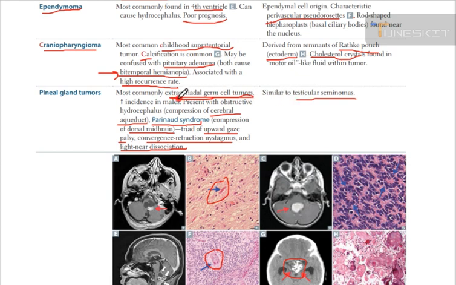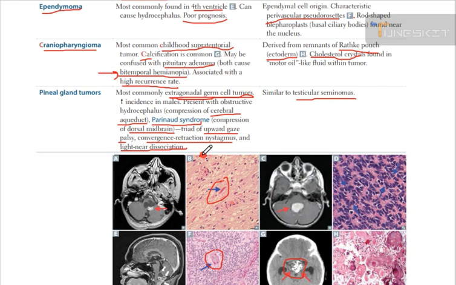These are derived from extragonadal germ cell tumors, which compress the cerebral aqueduct and cause obstructive hydrocephalus. Parinaud syndrome, the compression of the dorsal midbrain, results in upward gaze palsy, convergence retraction nystagmus, and light-near dissociation.